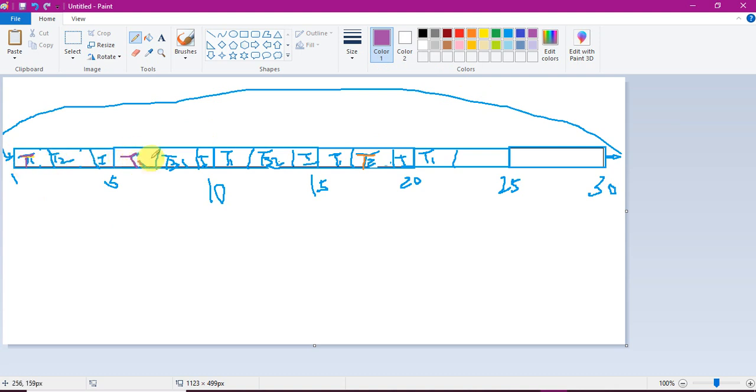This is also again for T1. Again this is for T1. In each 5 units T1 restarts. Again T1 restarts here. This is T1. T2 I selected this color. Here is T2.